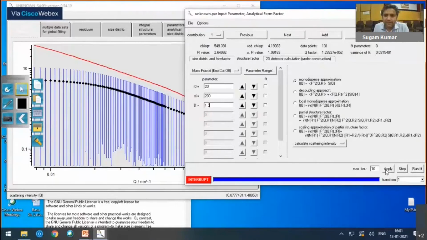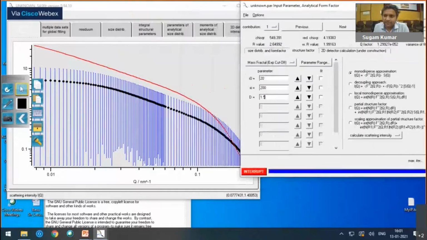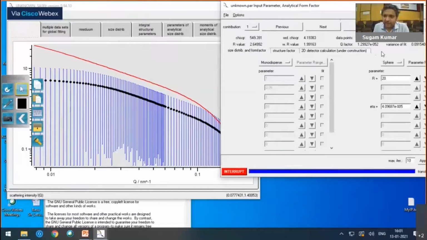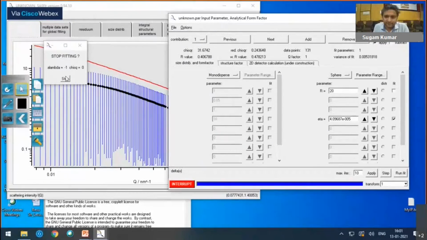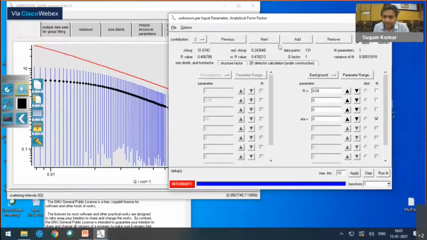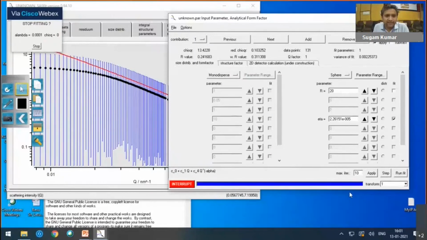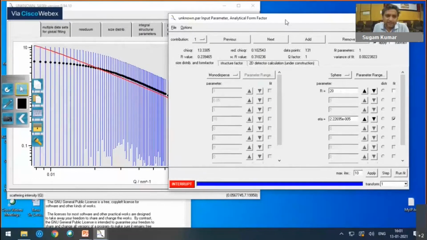So whenever you apply, keep on fitting the scale. Keep on fitting the scale, it will fit.